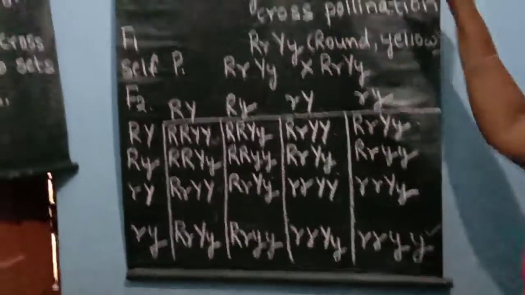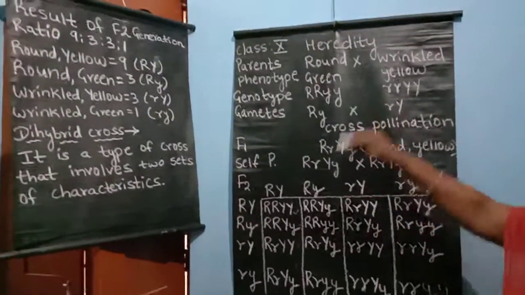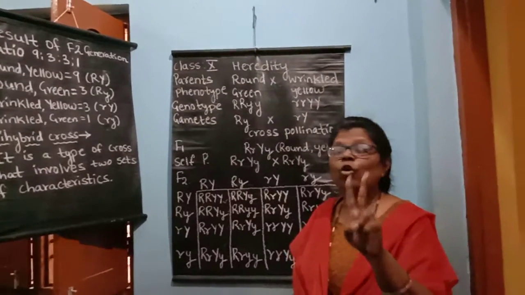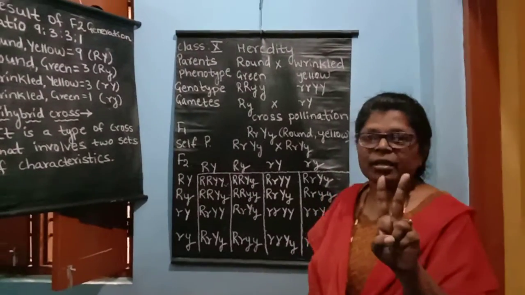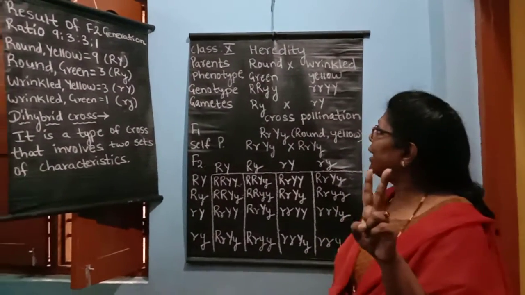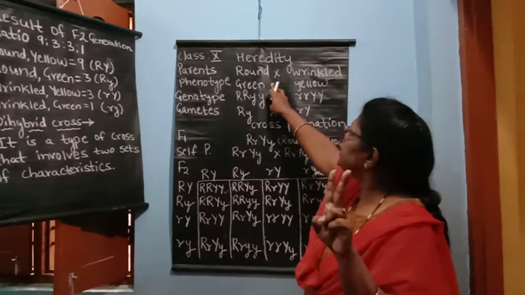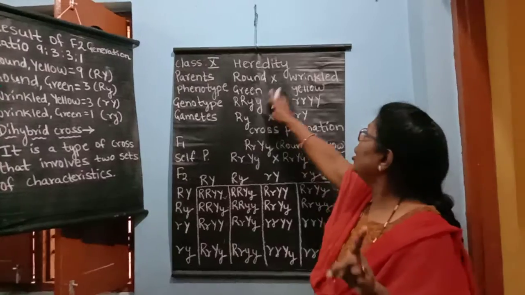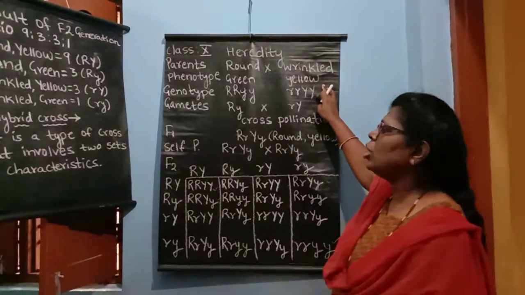So here what we have seen is that this cross is known as dihybrid cross because it involves 2 sets of characters. Which were the 2 sets of characters? That was round seed and wrinkled seed. But round seed color was green whereas wrinkled seed color was yellow.